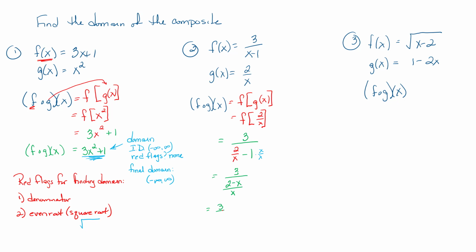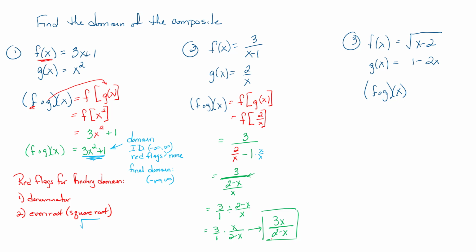And that means I'm going to take 3 over 1. Remember, the line between them means I'm going to divide. So when I do this division problem, it's the same as multiplying by the reciprocal, which will simplify to 3x over 2 minus x. This is my composite function.